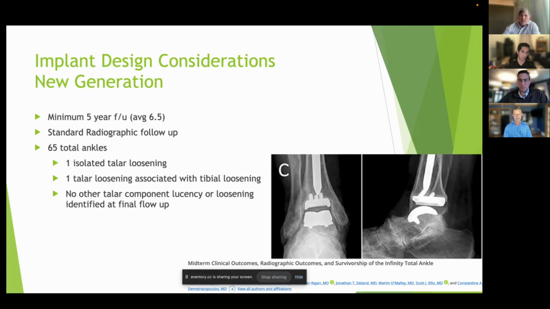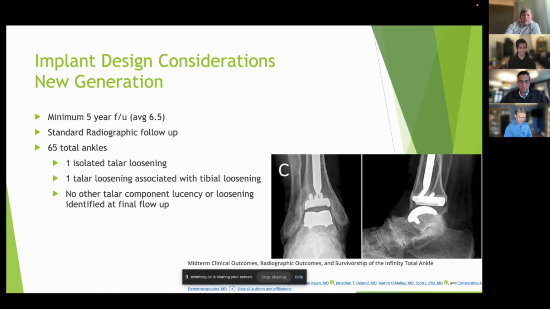Last study here, just looking at the new generation overall, minimum 5-year follow-up. This is actually a different group, but the same institution, HSS, and again in FAI, looking at a minimum of 5 years, standard radiographic follow-up, with no SPECT CT or higher level imaging studies. That being said, overall, very, very low rates, and it highlights the sharp decrease in overall rates of loosening on the talar side.